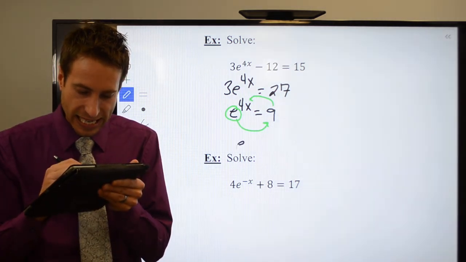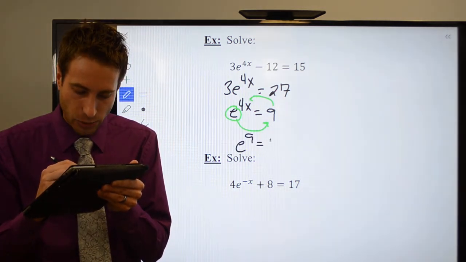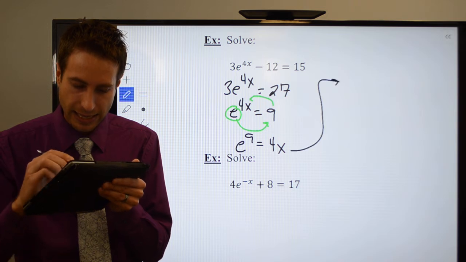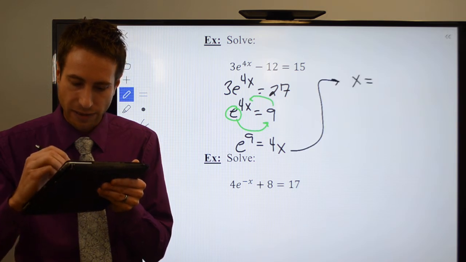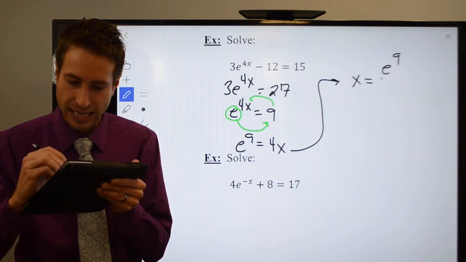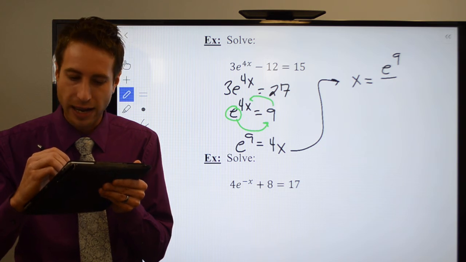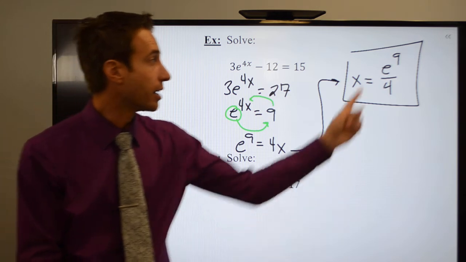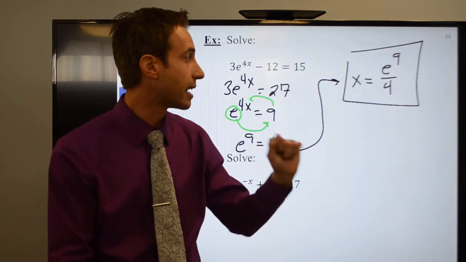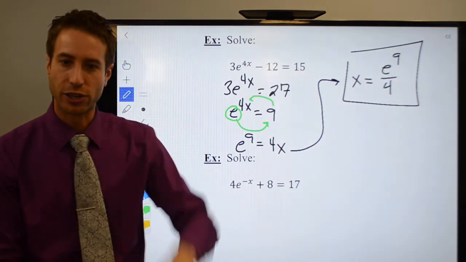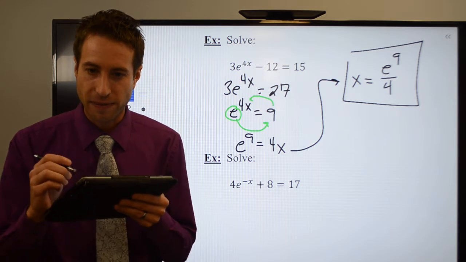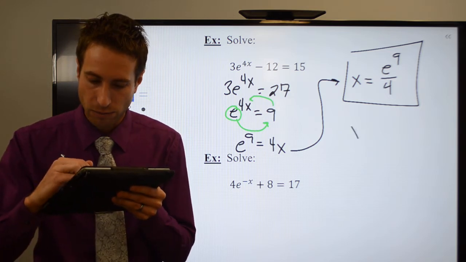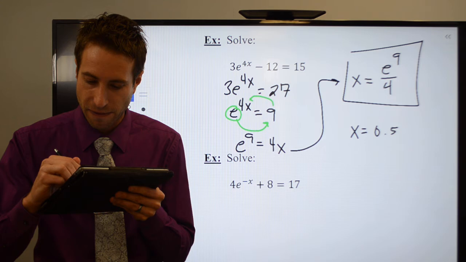So we've got e to the 9th power is equal to 4x. Again, we've got to get that x by itself. Divide the 4 to the other side, e to the 9th divided by 4. Again, just the second ln to the 9th power divided by 4. Your calculator will give you a decimal. If I did, it comes out to 0.549.